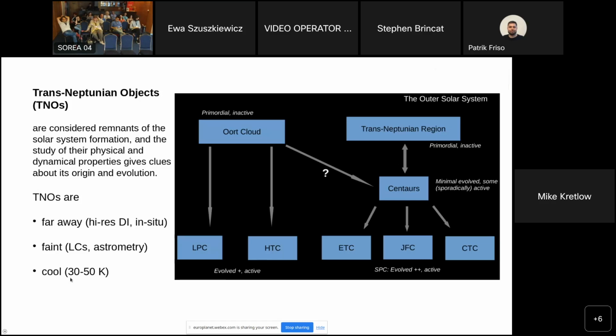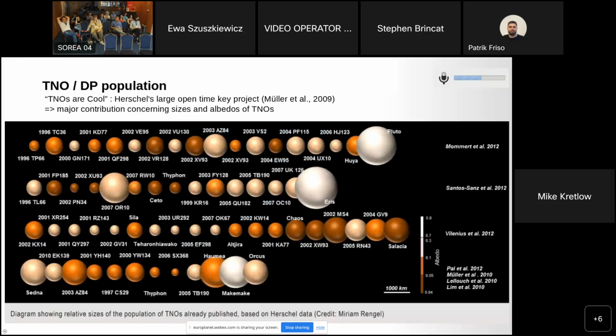The mean surface temperature is about 30 to 50 Kelvin. So if you want to observe them in the thermal infrared, you need to do this with a space telescope.